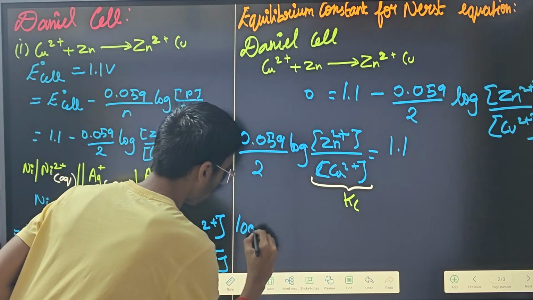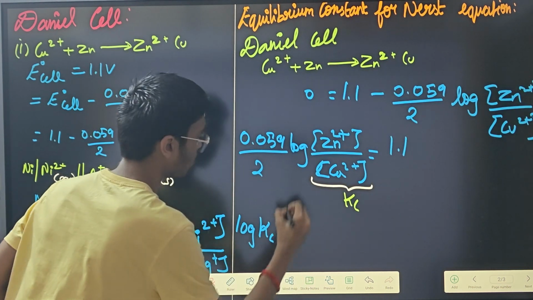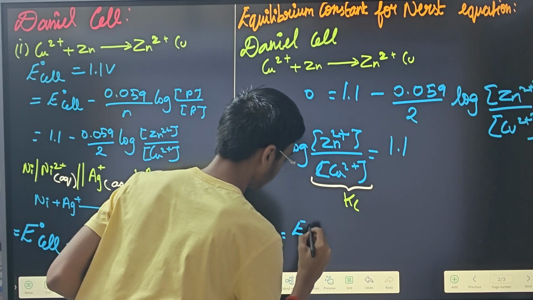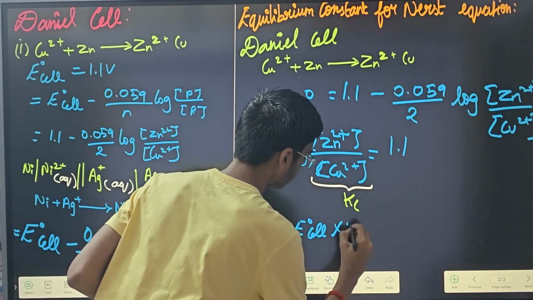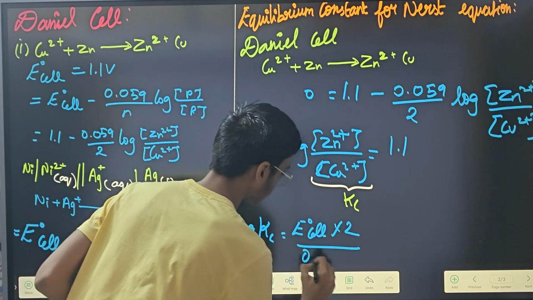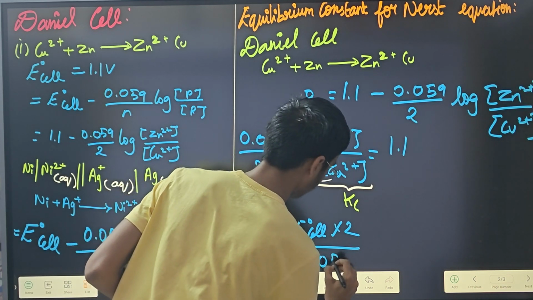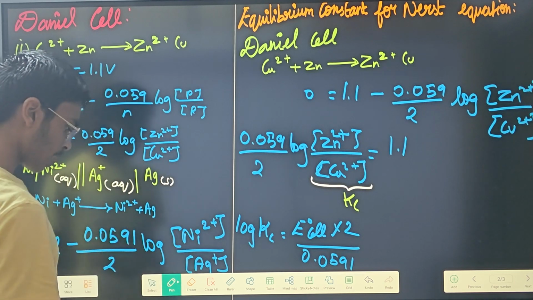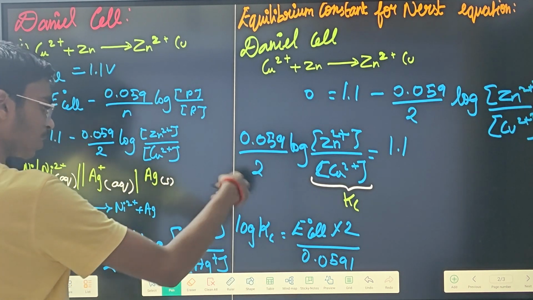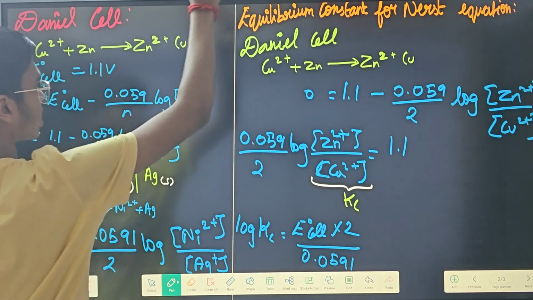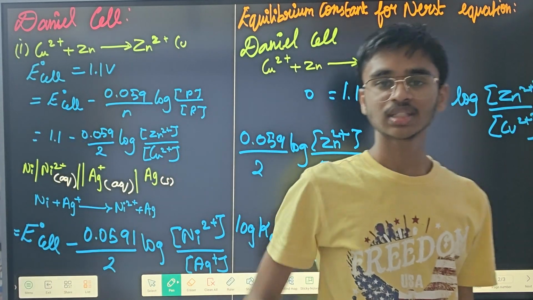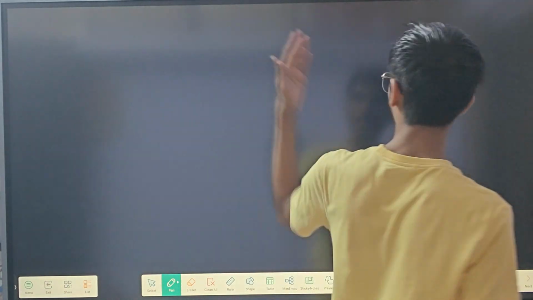So log Kc is equal to E naught of the cell into 2, whole divided by 0.0591. This is very general, extremely general. This formula you can use for everything. This is the formula for the equilibrium constant from the Nernst equation. That is what I was trying to express here.